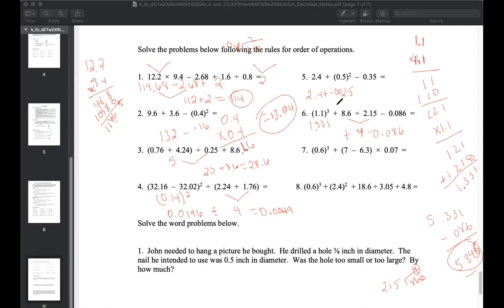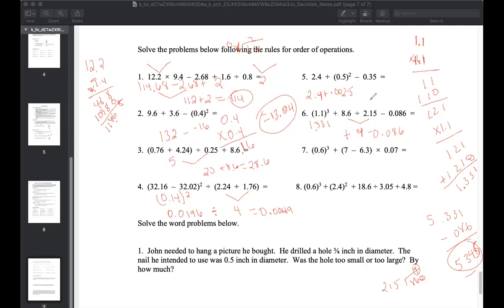That's 49. You want me to add 0.0025 plus 2.4, right? Oh well, 4.9.